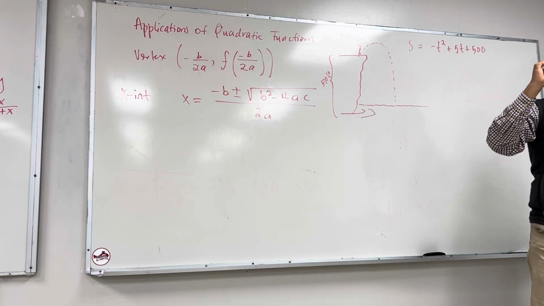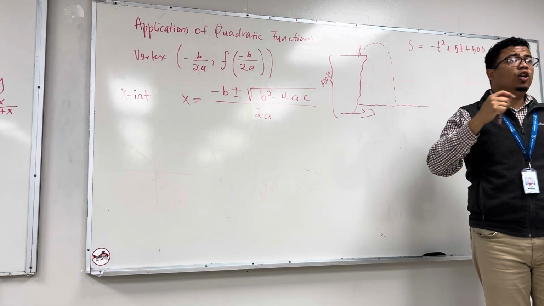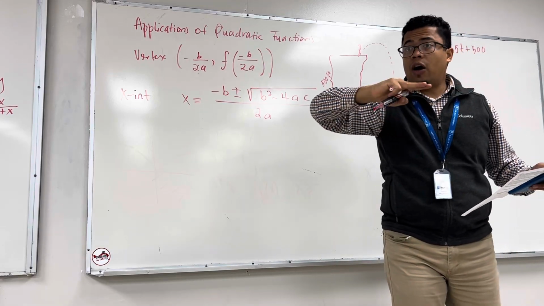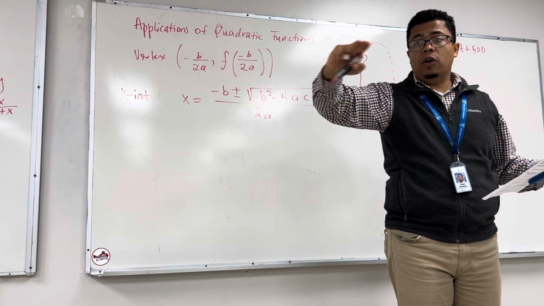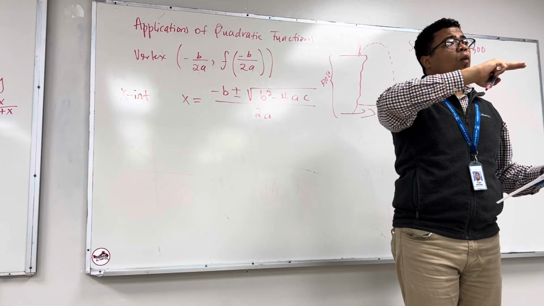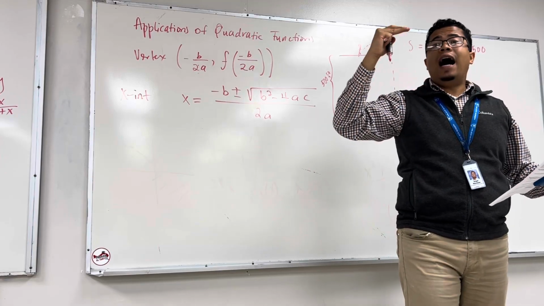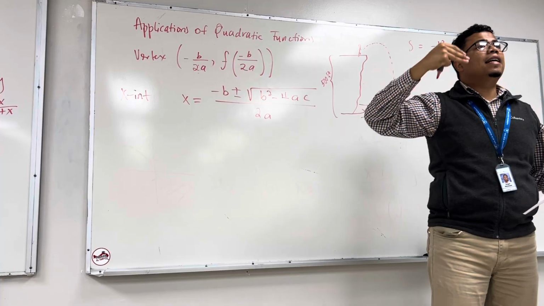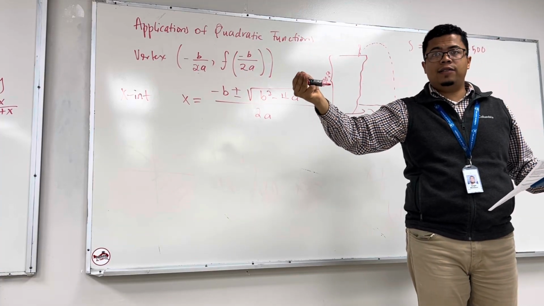So when the pebble hits the water, considering we're using the surface of the water as the ground, or 0 level, we understand that that's when the height is 0, right? So when the height is 0, how much time has passed?